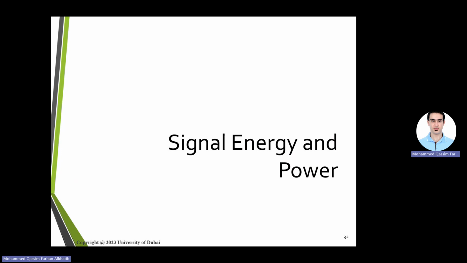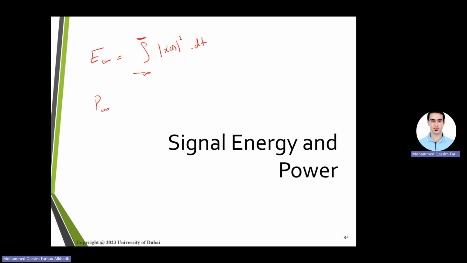Energy and power. Remember what was the formula of energy? Integration from minus infinity to infinity of the amplitude x of t squared dt.